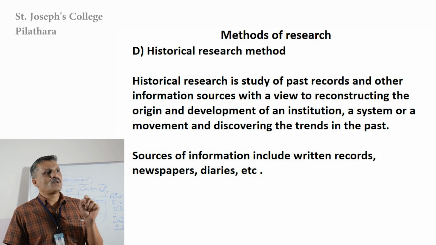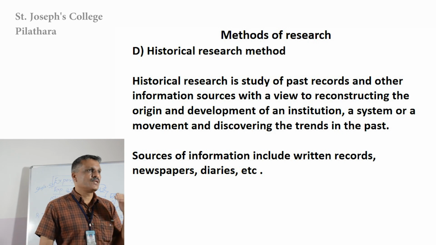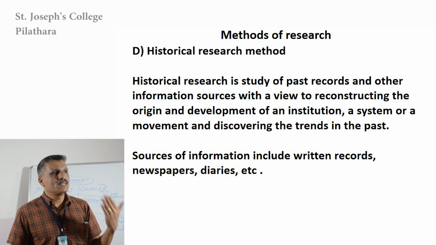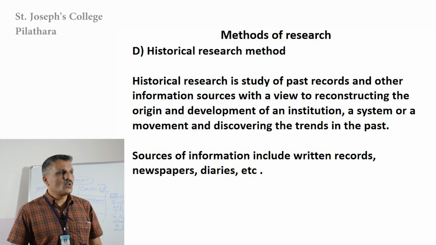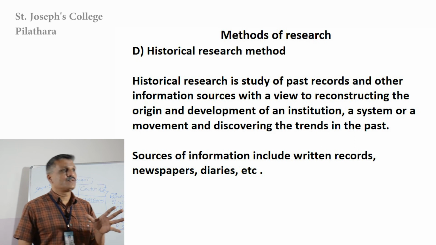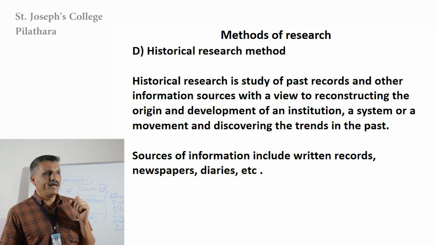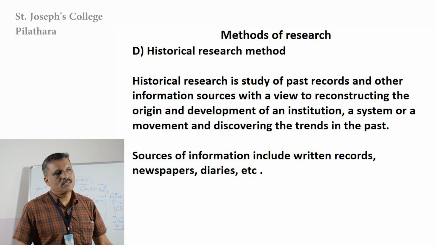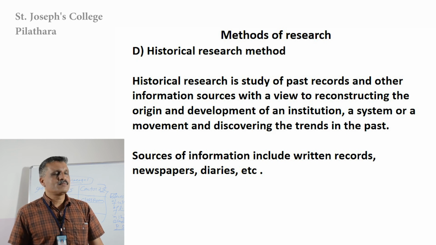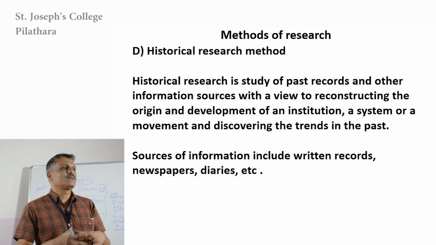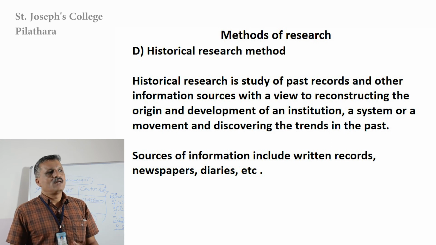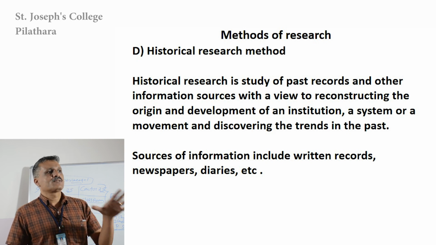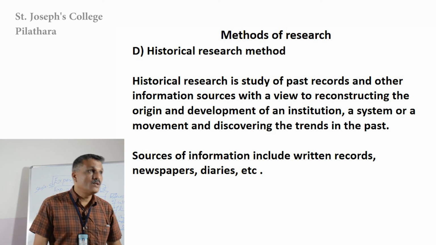So, in all this process, the researcher is collecting or studying the past records and other information sources. The sources of information in historical research include written records, newspapers, diaries, any kind of other written documents, for example, some books. So, we have to have a collection, or we should go for a transect of all these written records or documents.